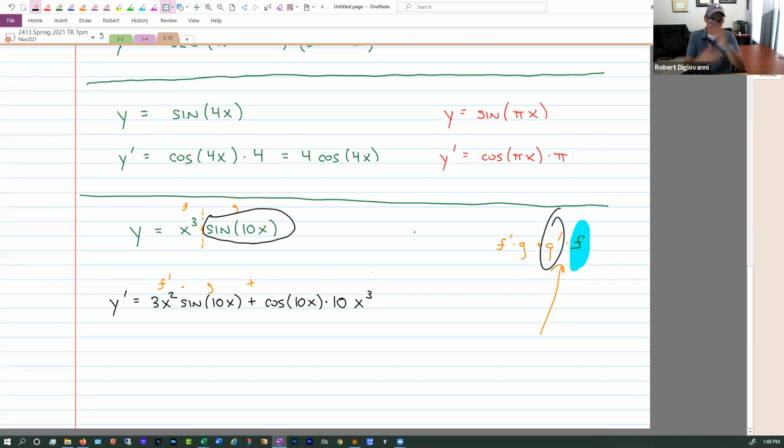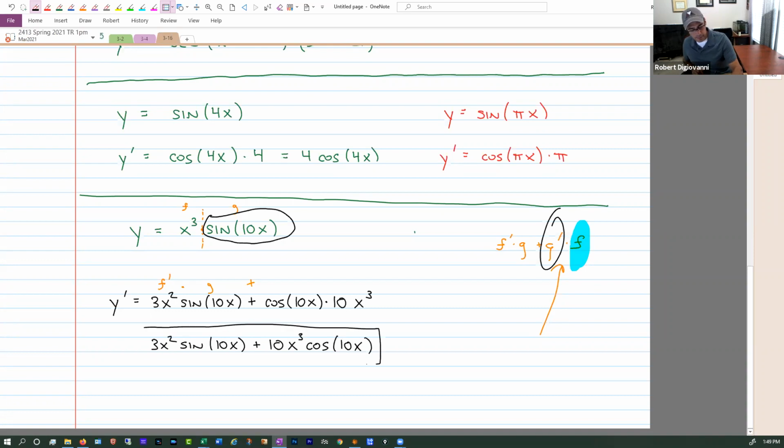And then all Elise did was rearrange it, which is probably because you've seen the formula in a different way, which is fine. If I were writing this answer, I would bring the 10 and the x cubed out to the front. That's the way I would do it. So this is your first example of a problem where you have a product rule, and within the product rule, you had to do a chain rule.